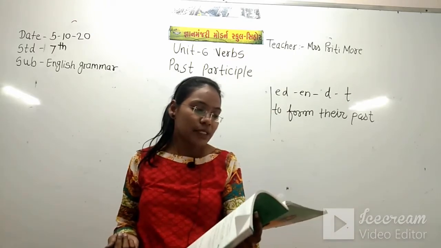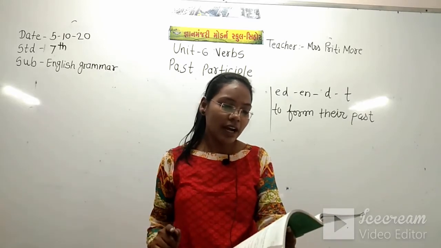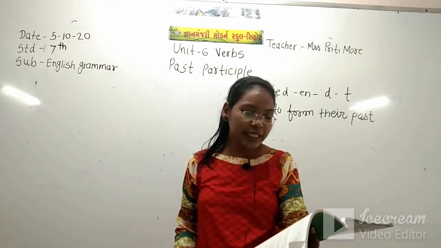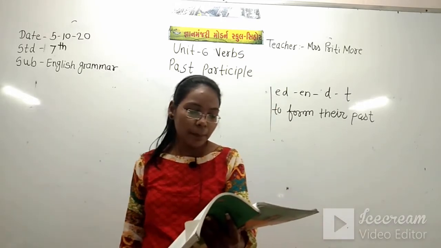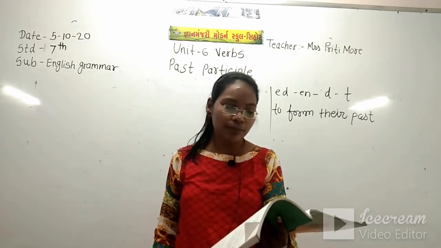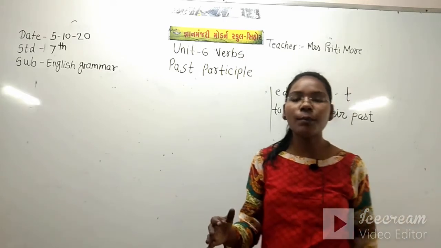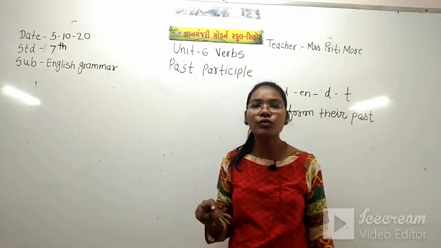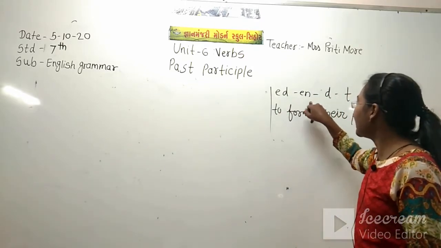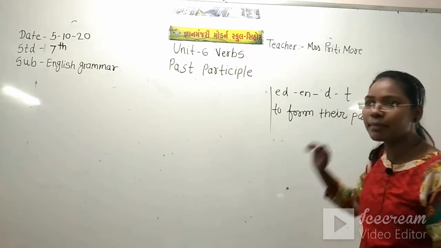Some examples we saw were laugh, laughed, laughed; learn, learned, learned; begin, began, begun; become, became, become; swim, swam, swum. The past form and the past participle form of the verb end with ed, n, d and t.